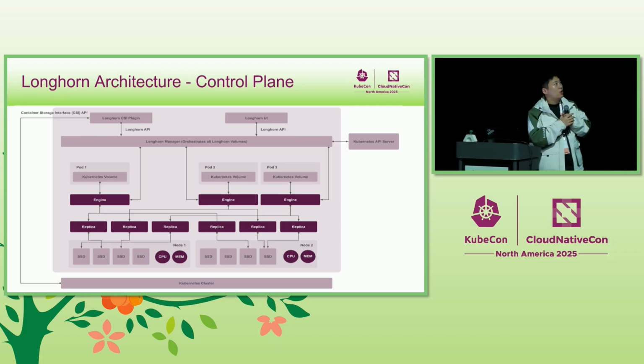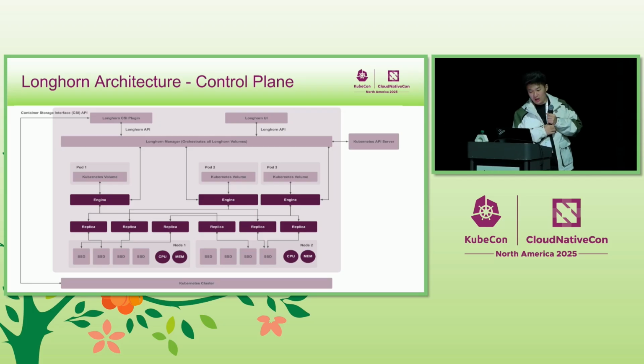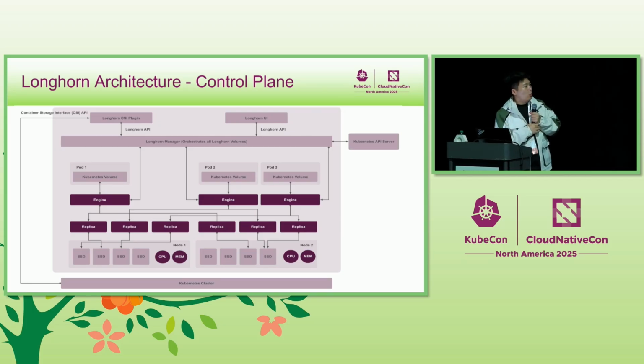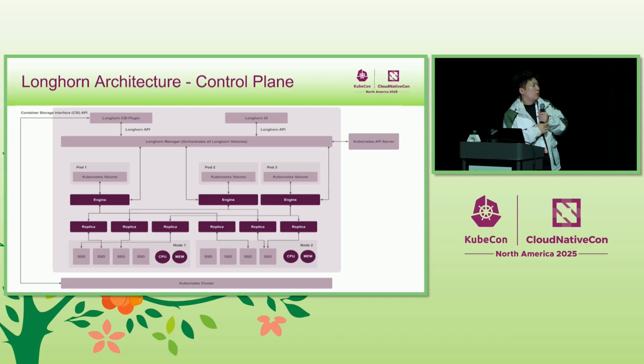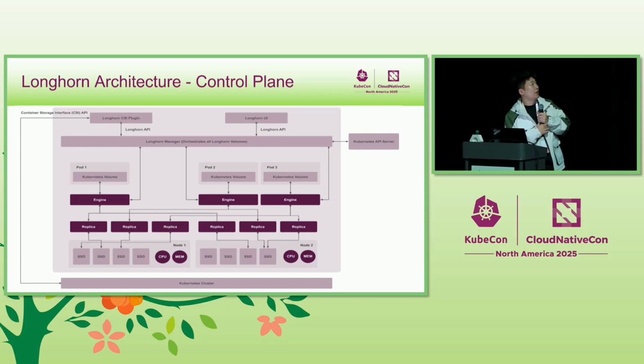And based on the principle, here is the control plane architecture. So, for example, if a workload pod, let's say a database, requests persistent storage from Kubernetes, Kubernetes will send the container storage interface API to the upper Longhorn CSI plugin.